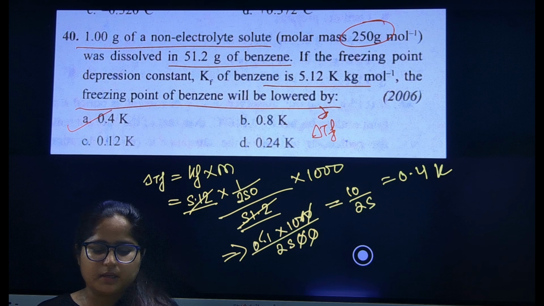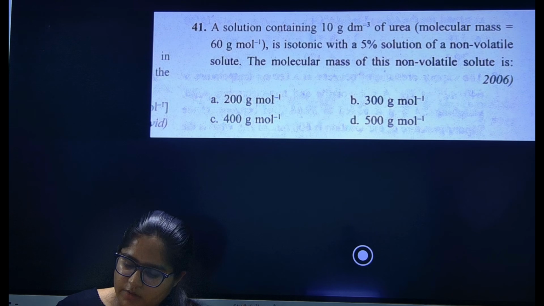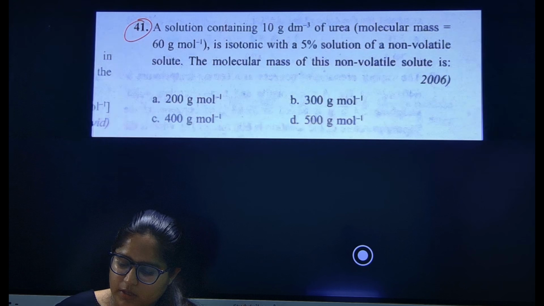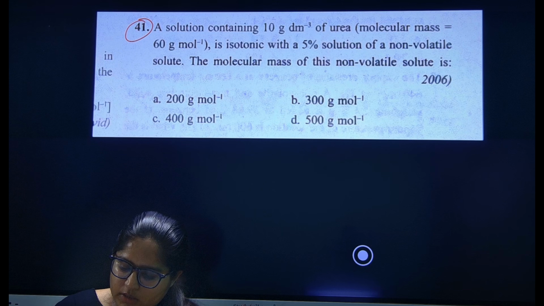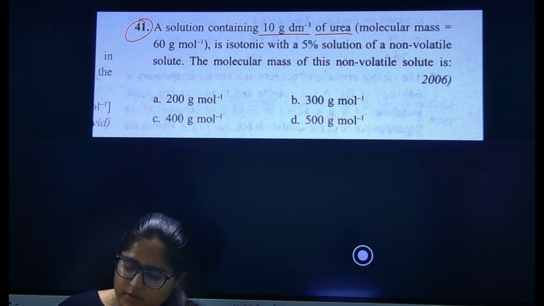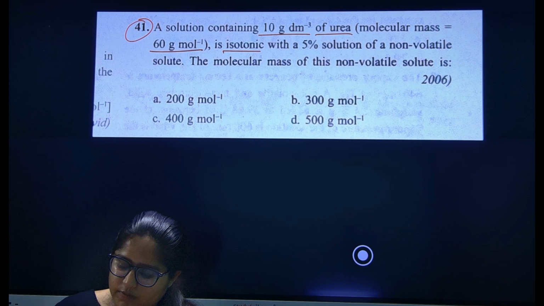Simple question, simple calculation. Question number 41. These all we are dealing with the colligative properties, normal colligative properties. A solution containing 10 gram per decimeter cube of urea, mass is this much, isotonic with 5% of non-volatile solute.